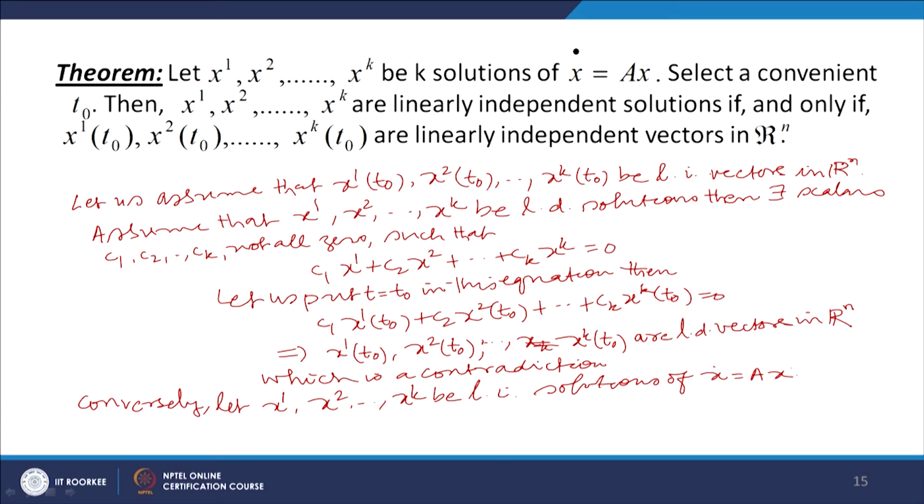We have to prove that the k vectors x1(t naught), x2(t naught), xk(t naught) are linearly independent. So, let us assume that the k vectors x1(t naught), x2(t naught) and so on xk(t naught) be linearly dependent.